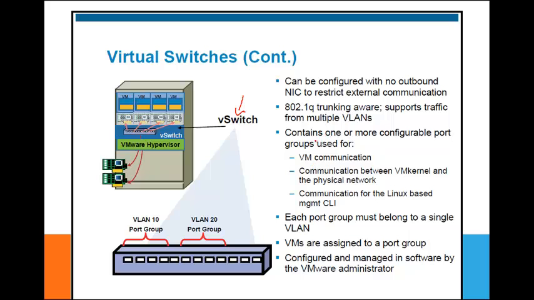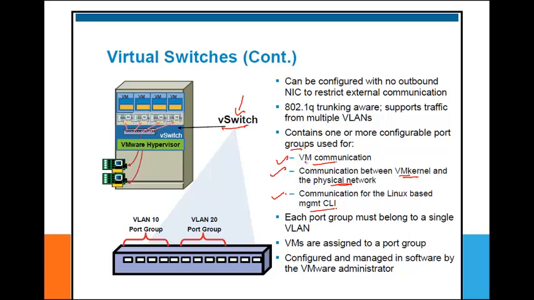So here in V switch we have port groups. One for VM communication. This will be in a separate VLAN. Another one for communication between the kernel. That's for management. This is for the VM kernel and physical network, and this is for VM communication, virtual machine traffic.